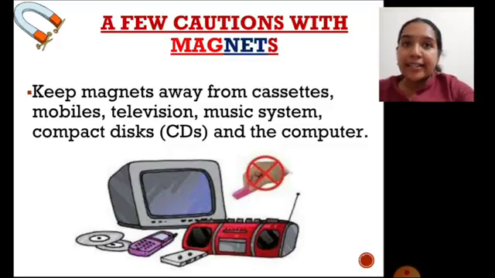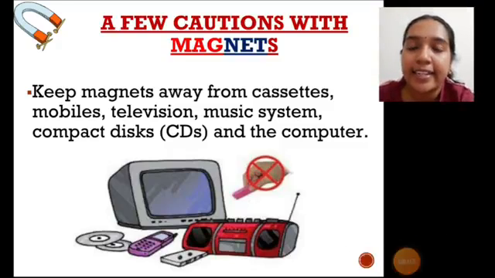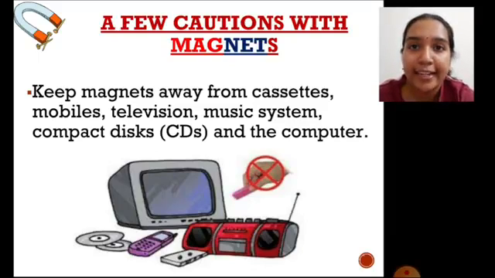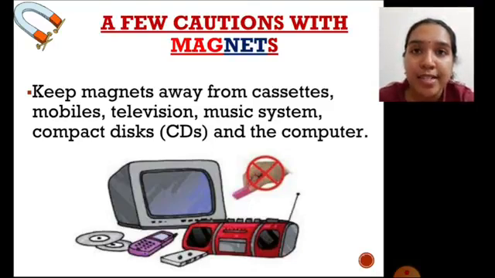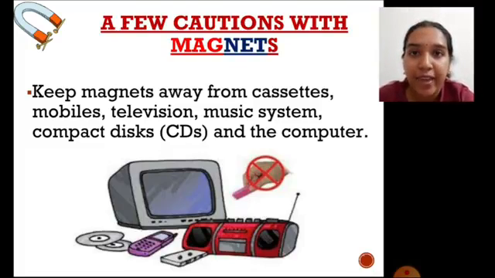As the magnetic effect influences electrical effect, magnets should be kept away from electronic devices like cassettes, mobiles, TV, music systems, CDs, computers, etc., so as not to disturb their activity due to an external magnetic effect.